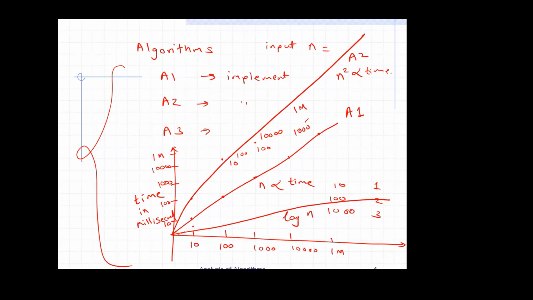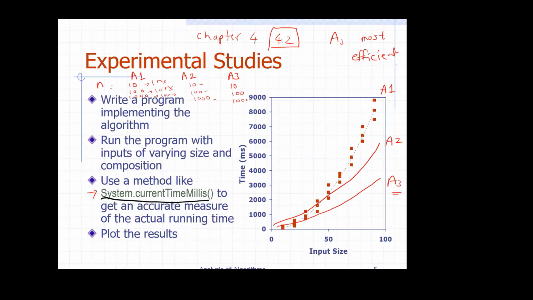It is going to run 10 operations. For algorithm A2, maybe the total operations are 1,000, then we can say it is much worse than A1, and so on. So instead of actually implementing, we are going to learn theoretical analysis to compare algorithms, without implementing them.